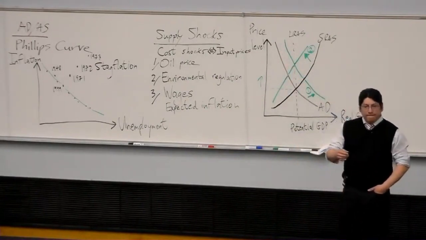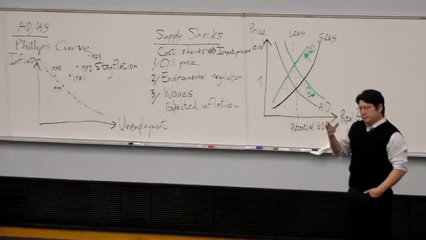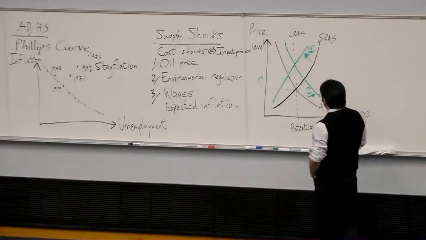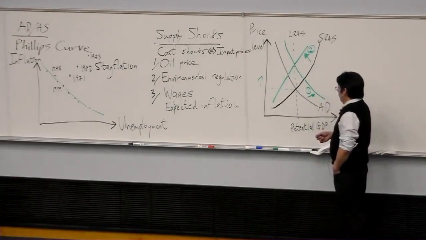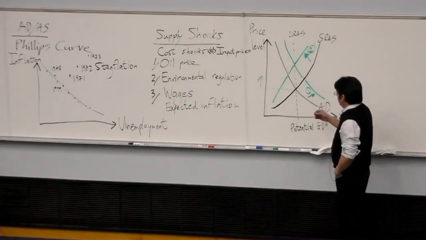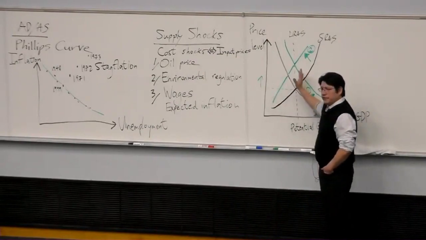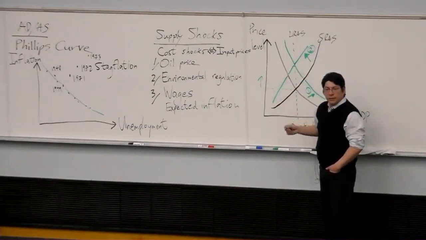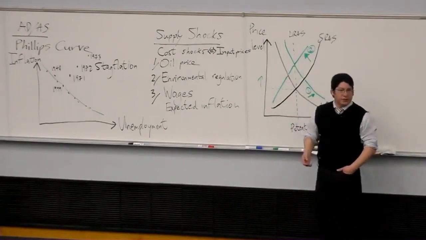And this gives us two slightly different ideas for thinking about supply curve movements. One is that you could just say, well, this is how the self-correcting mechanism works, right? Or it's part of how the self-correcting mechanism works.